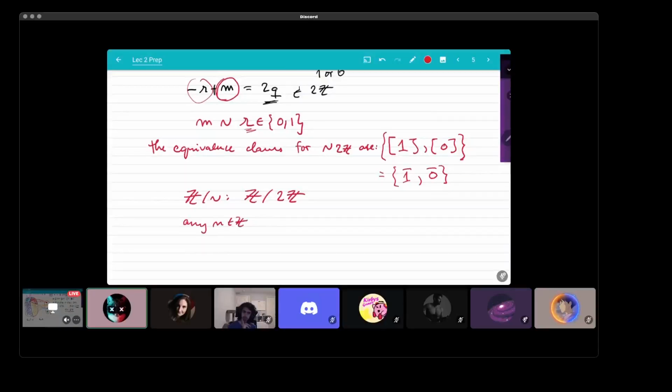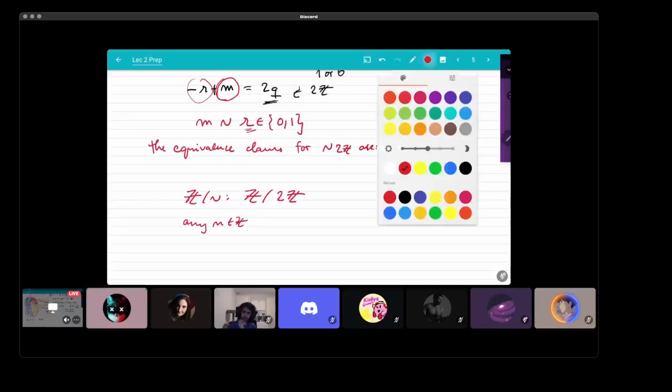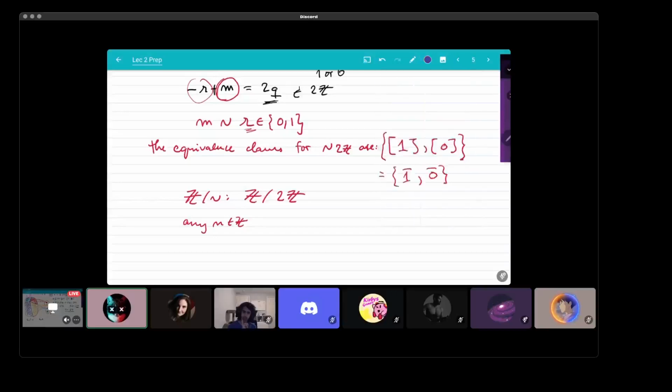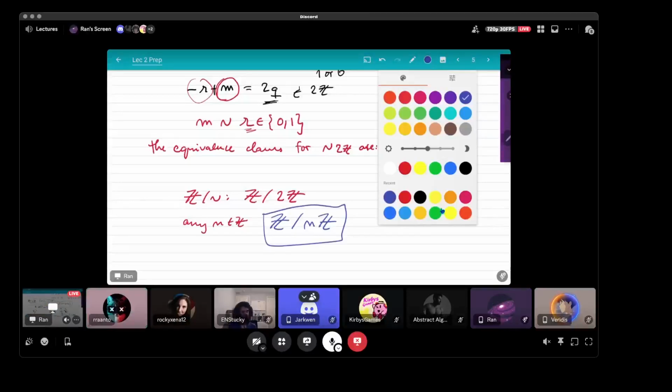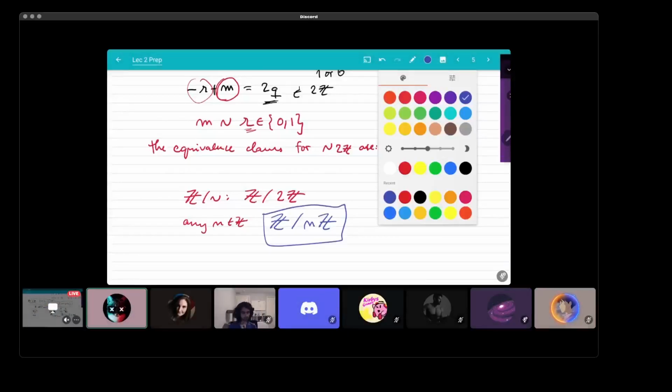So actually, by taking any n, we can do the same process to define the quotient set Z over nZ, and this is called, I don't know what this is called actually. I don't remember. Yeah.